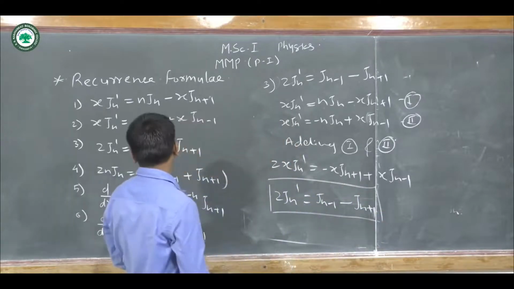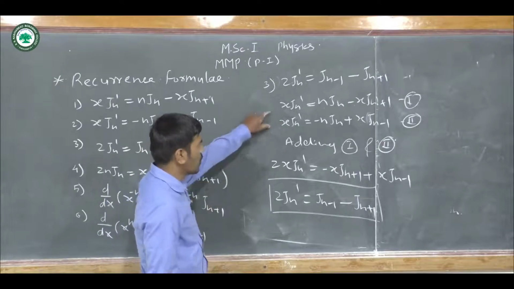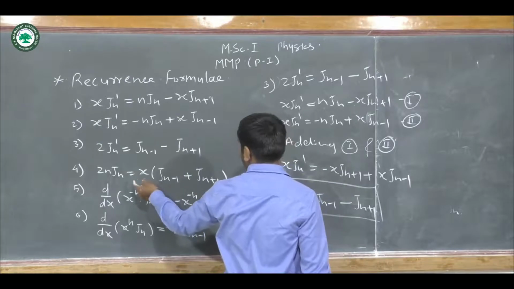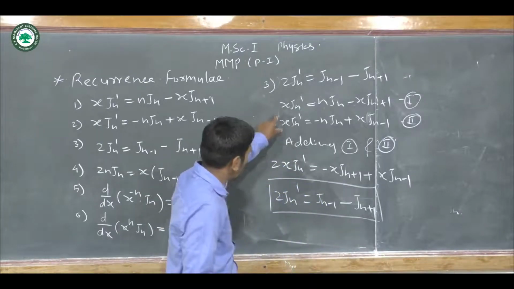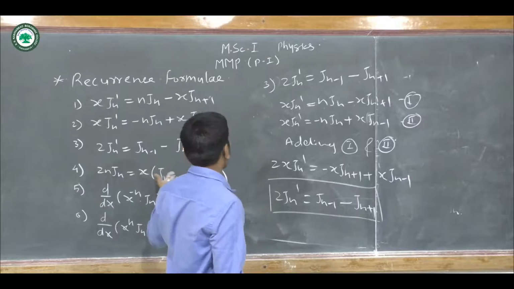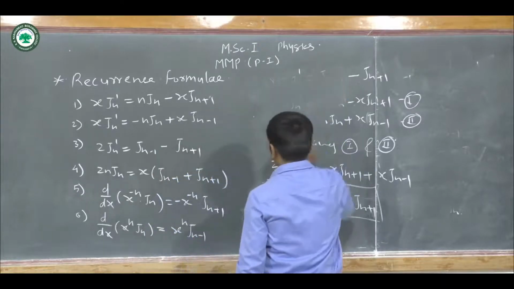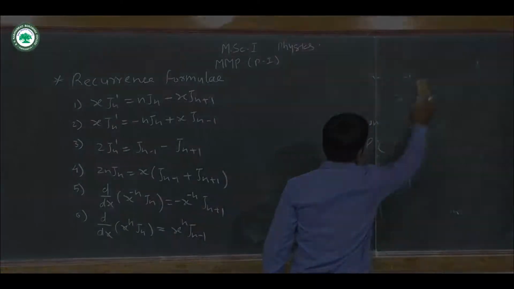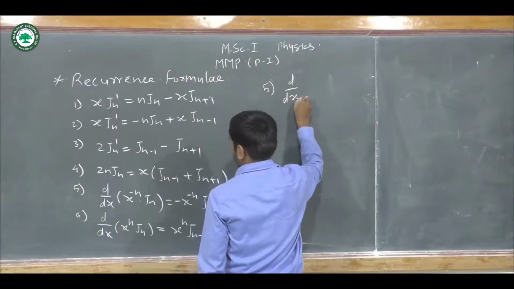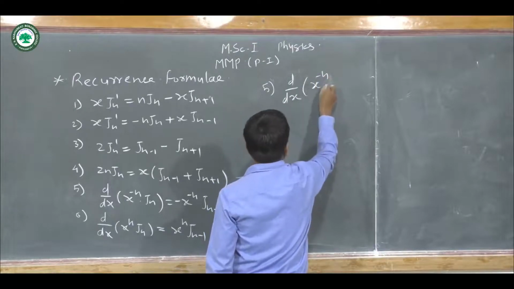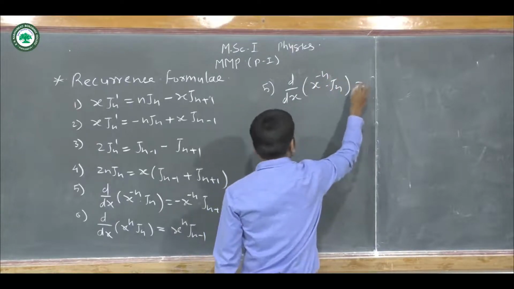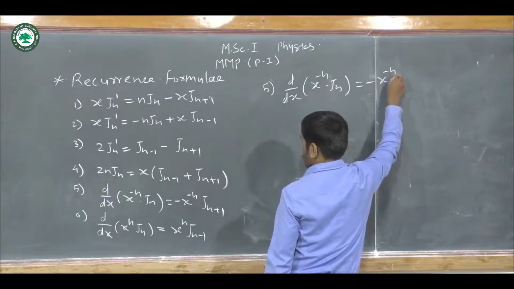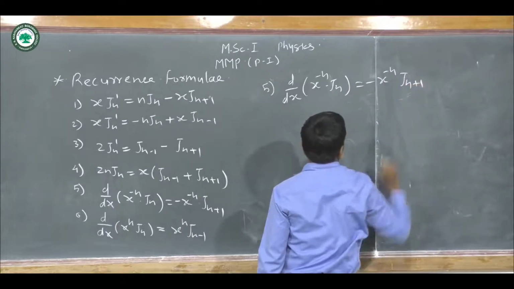Similarly, we can find this fourth one by subtracting these two formulas. I am not going to prove this fourth one. Just subtract these two formulas, and we can find the fourth one. Now see the fifth formula: d by dx of x power minus n into Jn is equal to minus x power minus n into Jn plus 1.